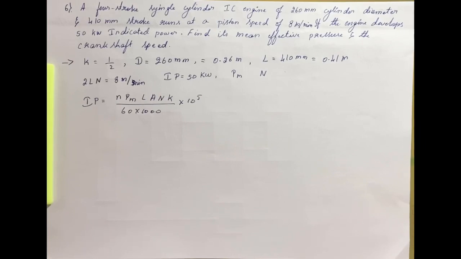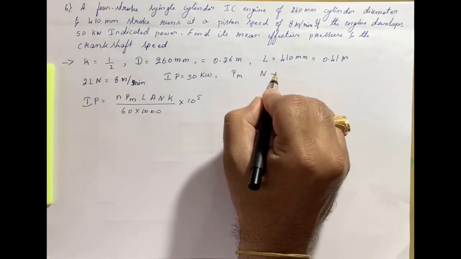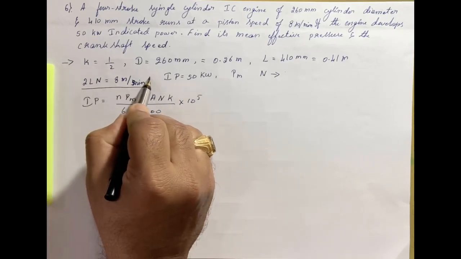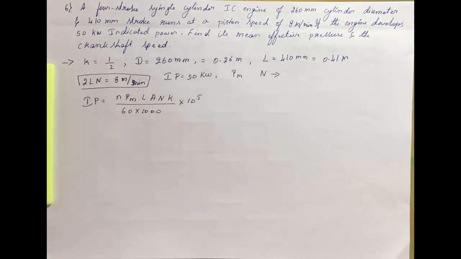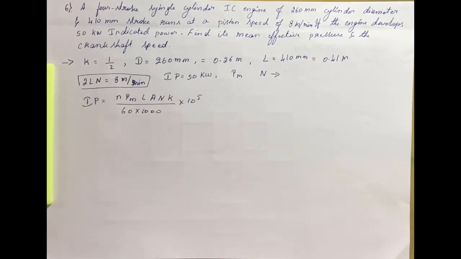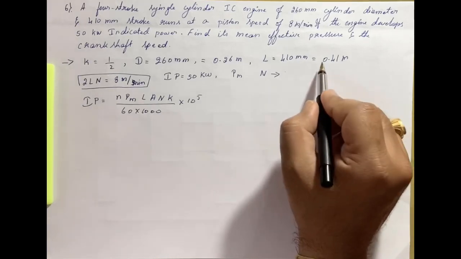In this we can find PM and N. Now to find N, one more thing is given: 2LN is equal to 8 meter per minute, and he has given the length of stroke.